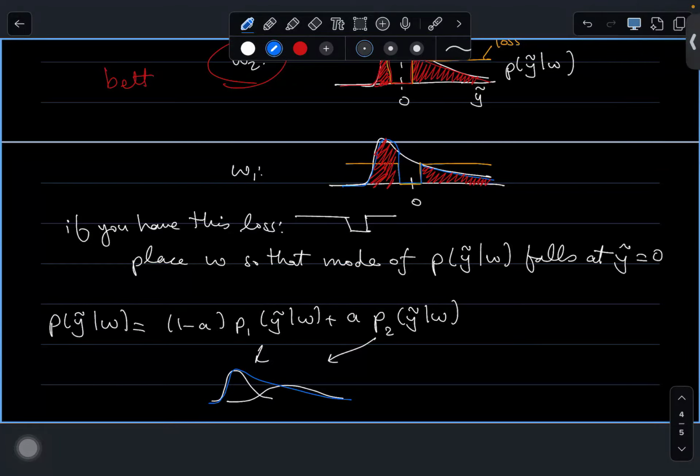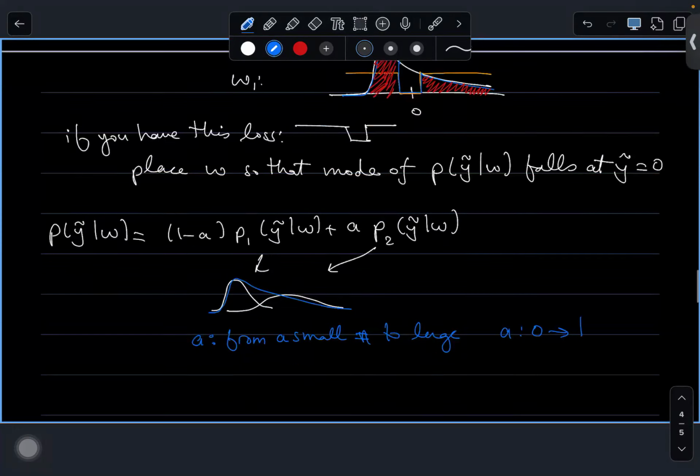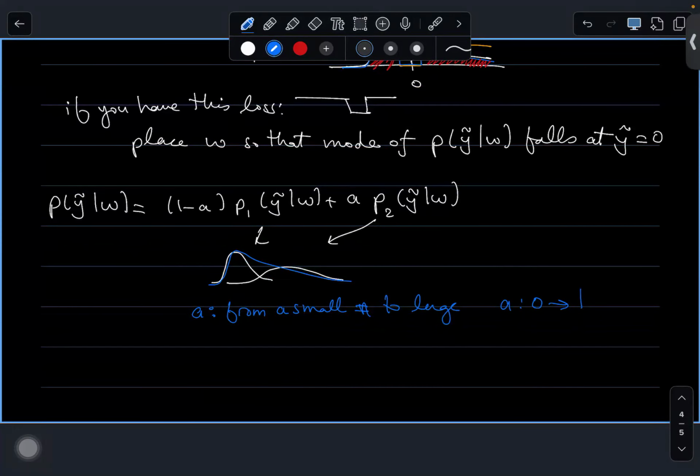So if I now change A from a small number to large, where A is from 0 to 1, what happens is that the mode of my error function switches.